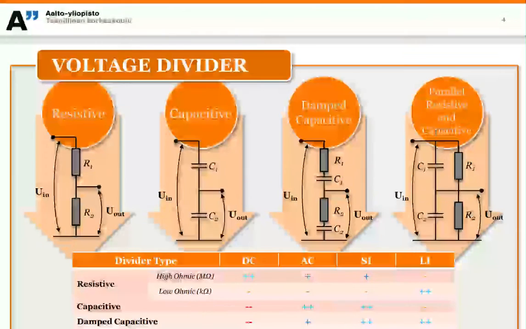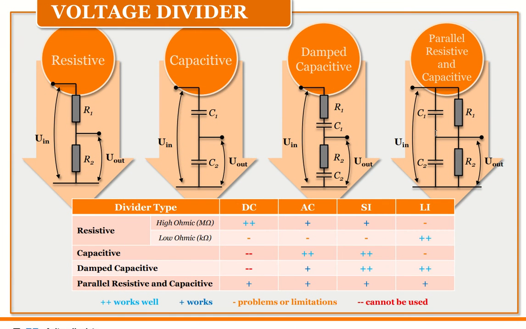Okay, so this is the type of voltage divider, not only the resistive but also the capacitive voltage divider. Basically it is a resistive divider, so this is the basic circuit.